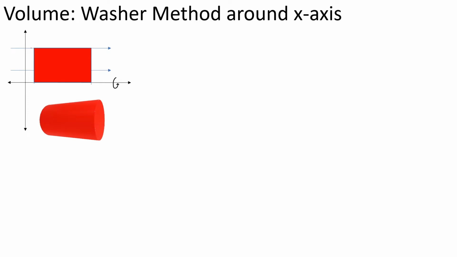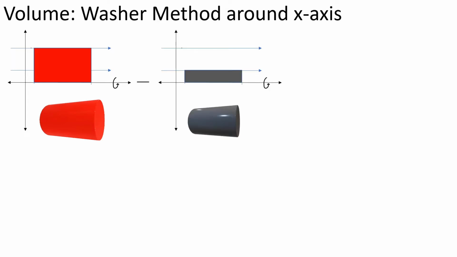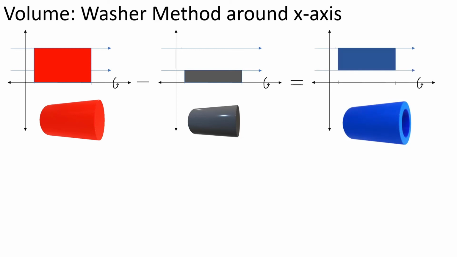The smaller disk is getting subtracted from the bigger disk, forming a hole within the bigger volume, in this case a cylinder. So the washer method is taking a smaller volume and subtracting it from the bigger volume to create a hole in between.